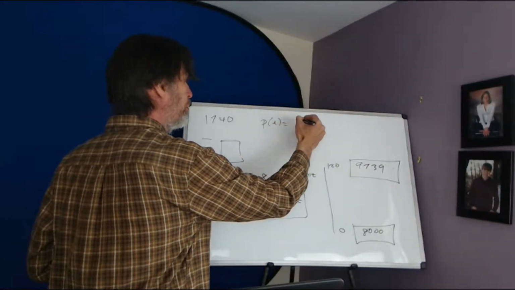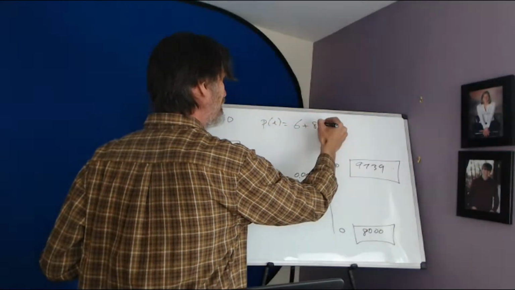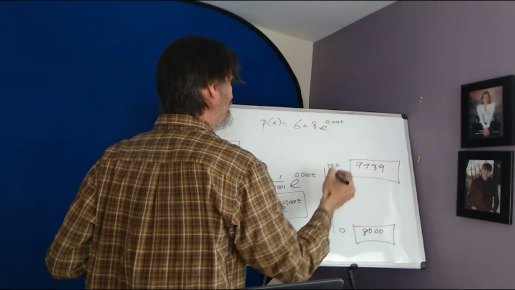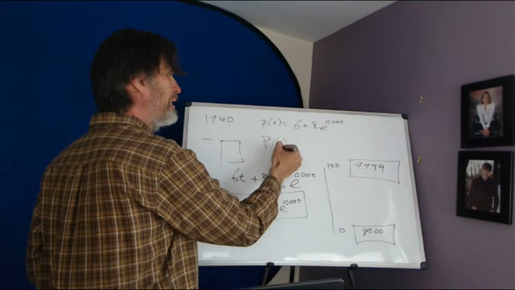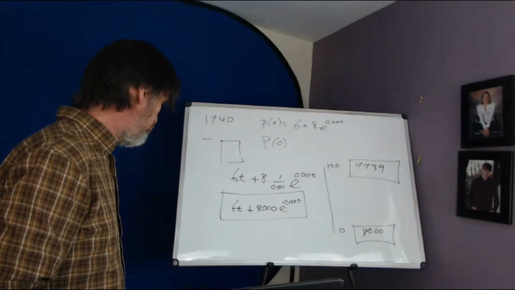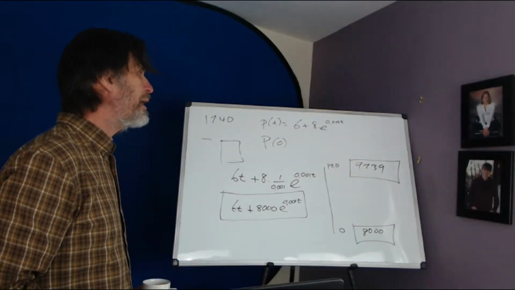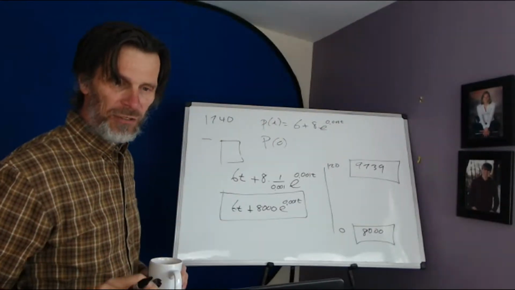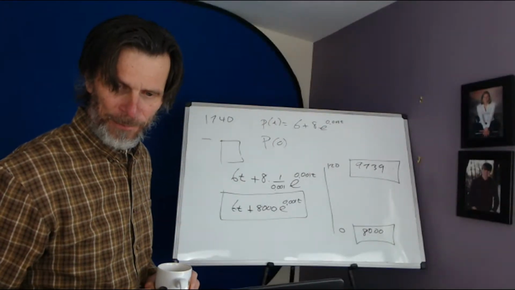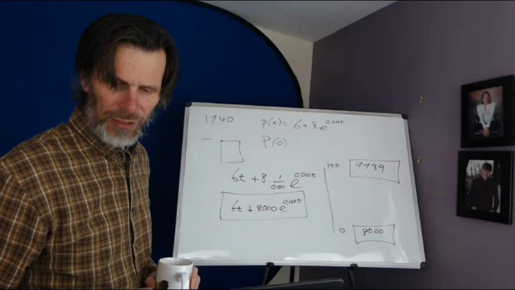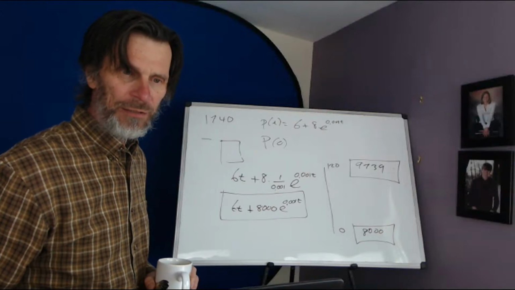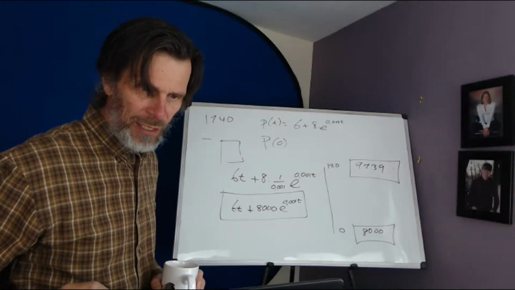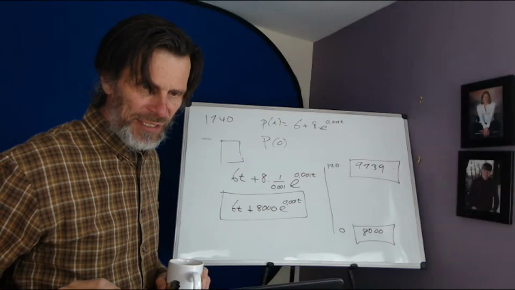P of t was 6 plus 8 e to the 0.001t. Calculate P of 0. If you plug in 0 here, you'll get 1, and 6 plus 8 is 14. So $14 an hour is the initial pay rate.